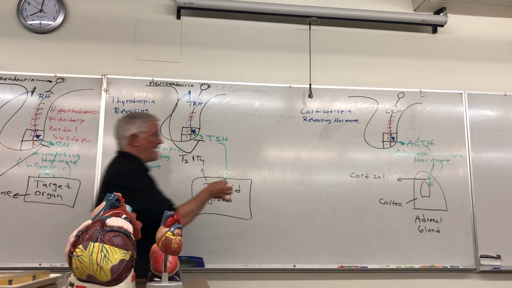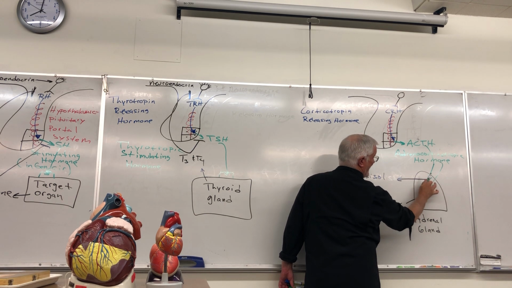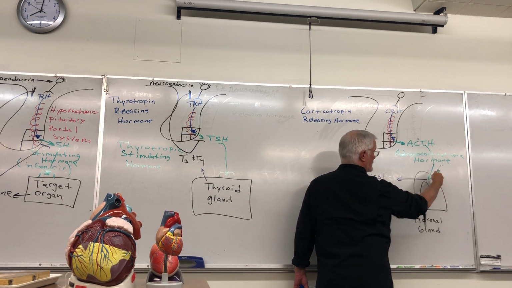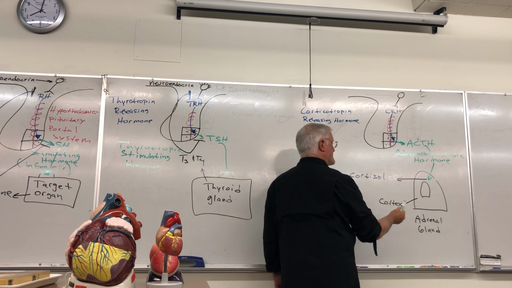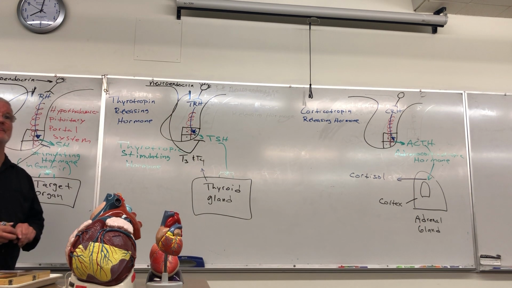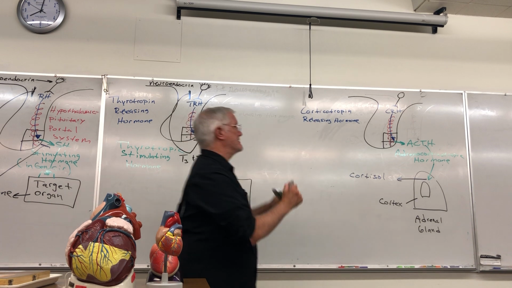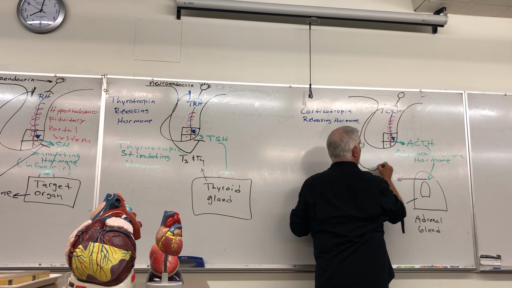So you got to really be careful as how we're drawing this. That's sloppy. Don't do it. All right, just have it go right to the cortex. It's simple. You can't misunderstand it. No worries. Are we done? Yep. No. What are we missing? Negative feedback. Negative feedback to where? Both the releasing hormone and the pituitary. So we show the negative feedbacks coming up here and coming up here.